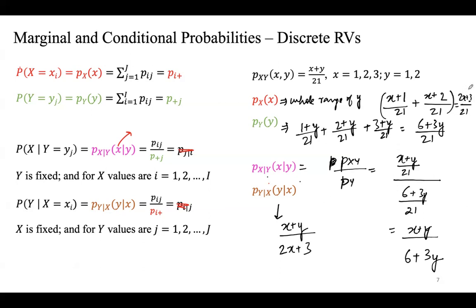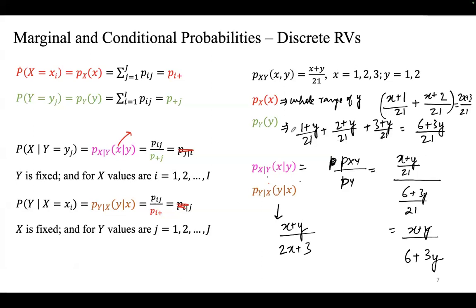Yep, 2x plus 3. There was denominator 21 in both of them, so that gets cancelled. So if this is slightly clear, then we'll move on to the next bit. I hope it's making sense. It's not all confusing.